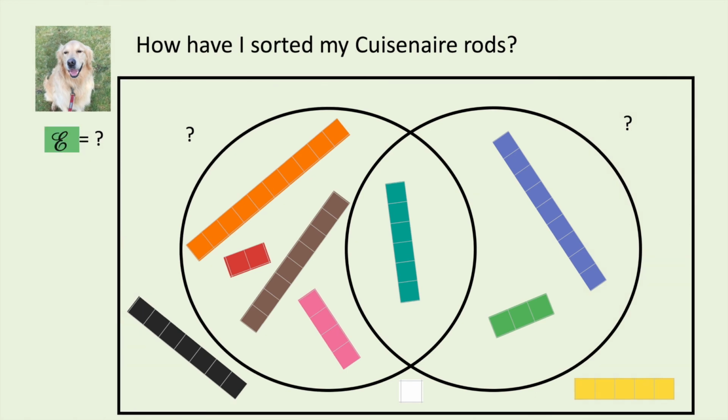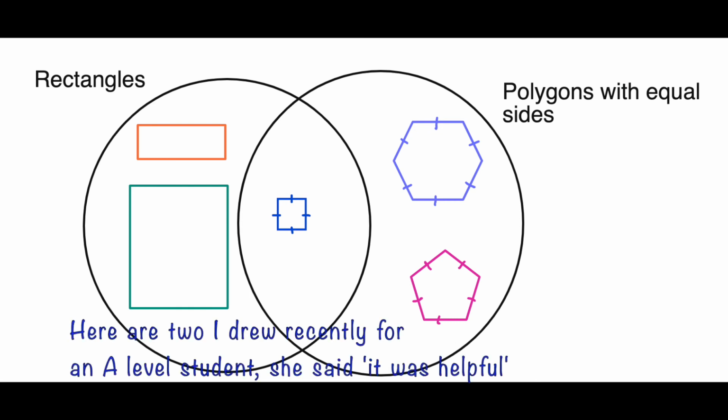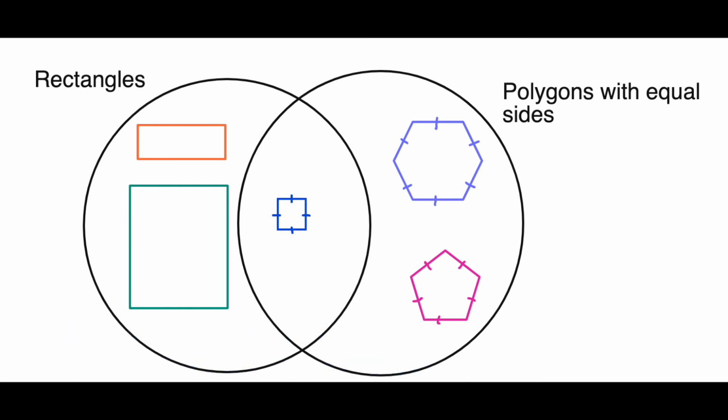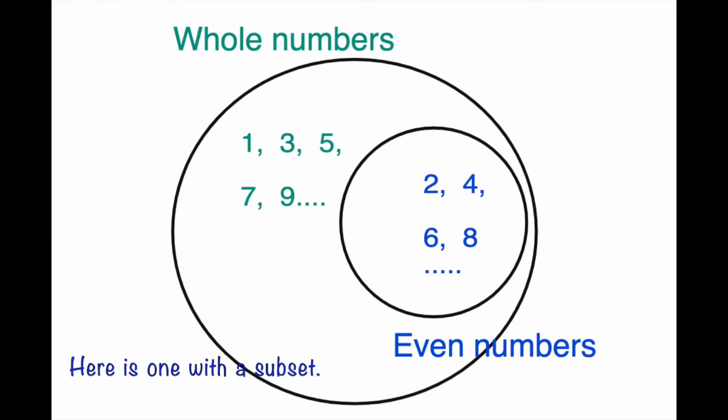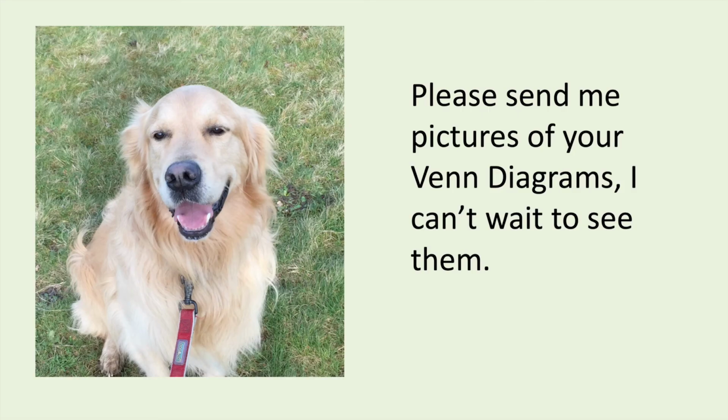Can you tell me how I've sorted my Cuisenaire rods? And here are 2 I used for an A-level student this week to help her with proof. So they'll be useful right up until you get to the end of your school days. There's lots of room for you to use your imagination here, so I'm looking forward to seeing what you come up with.